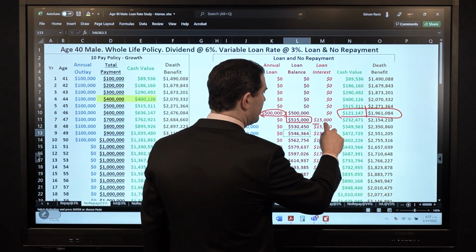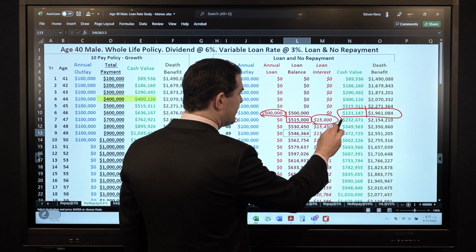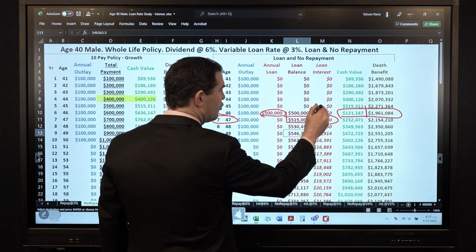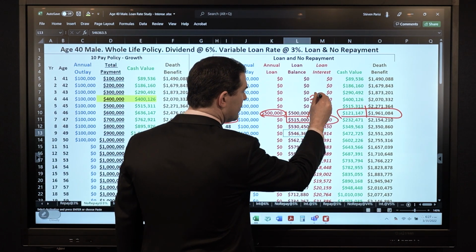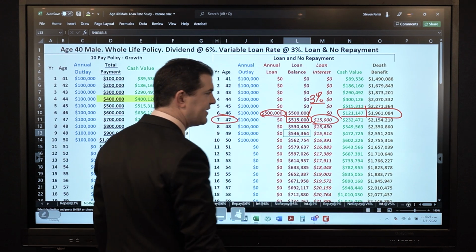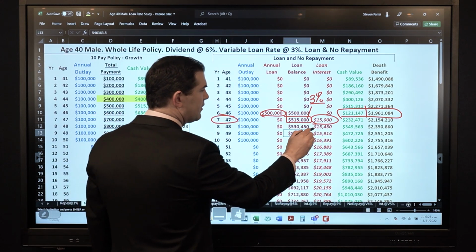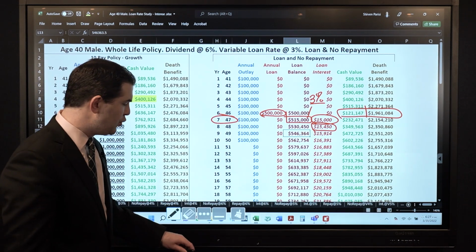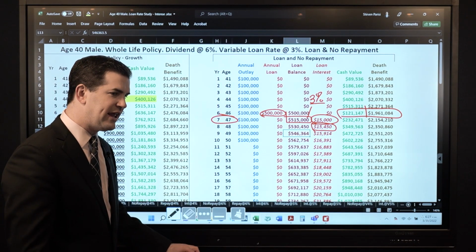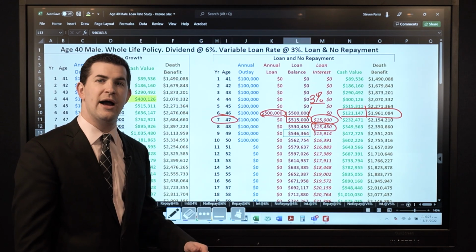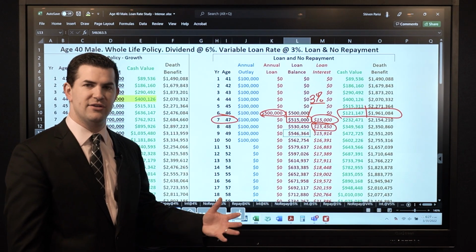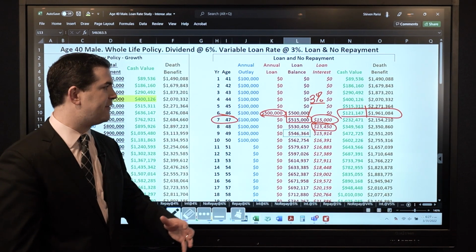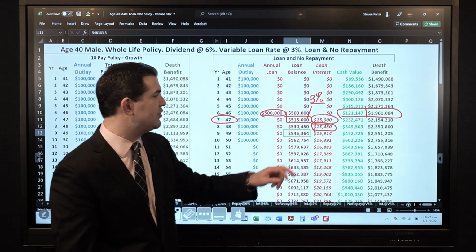Here, it's $15,000 the first year, but then what's 3% of 515? Comes out to $15,450. If you do not pay the loan interest on the anniversary date, it will compound. The policy will loan against itself to cover that loan interest that's due.